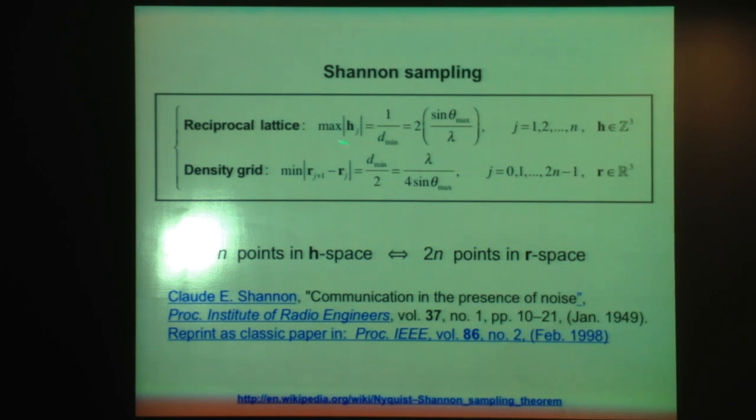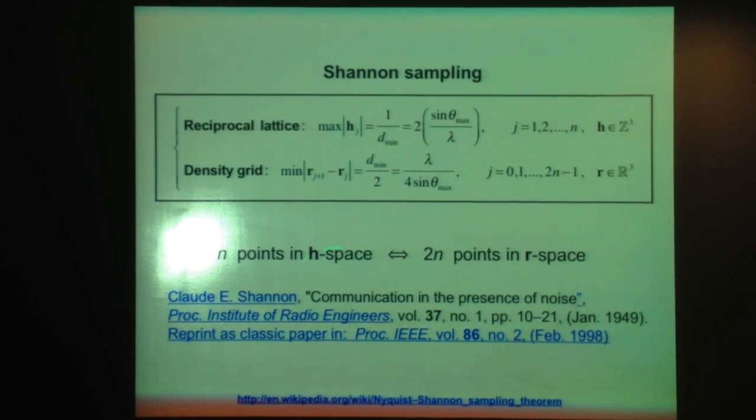The maximum HKL is given by this condition on the minimum d-spacing, or maximum Bragg angle, where the H represents a triple of integers. Similarly, on the density, the minimum distance between neighboring points on the grid is given by half the minimum interplanar spacing.